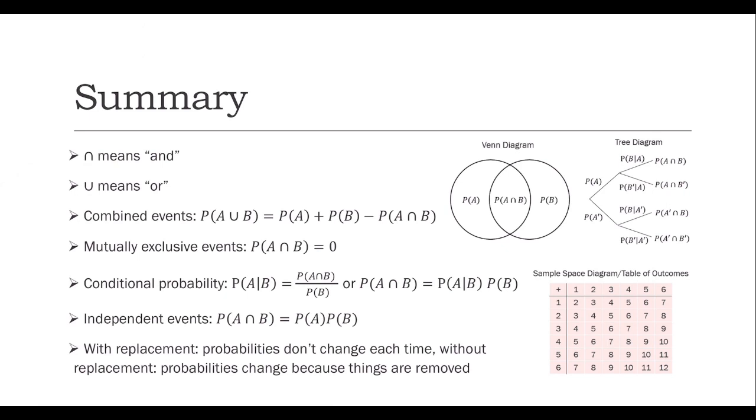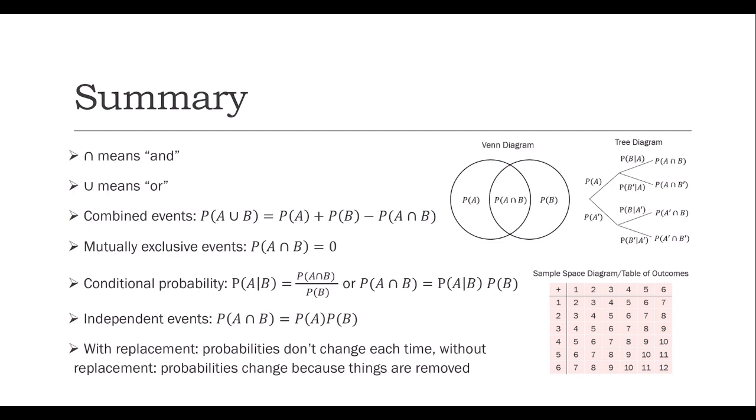So in summary, our upside down U means and our U means or. For combined events, the probability of A or B equals the probability of A plus the probability of B minus the probability of A and B. For mutually exclusive events, the probability of A and B is 0.